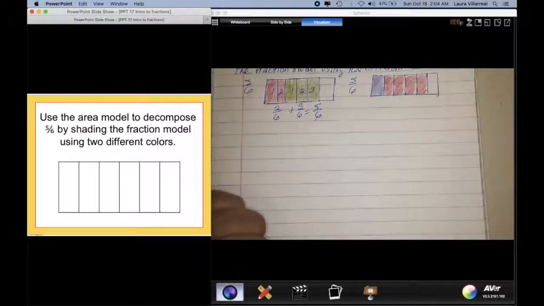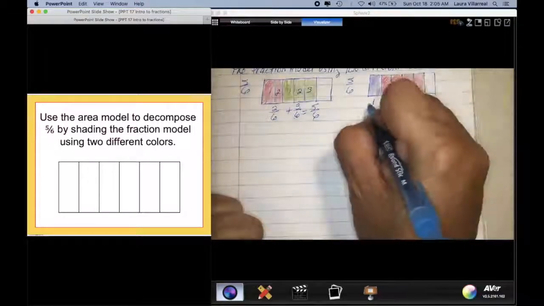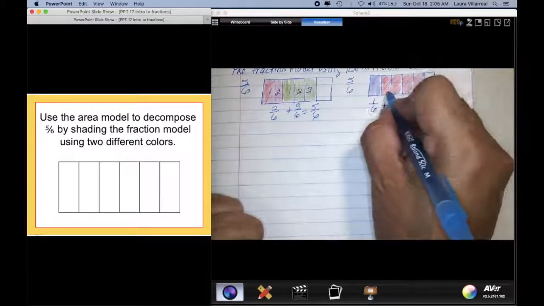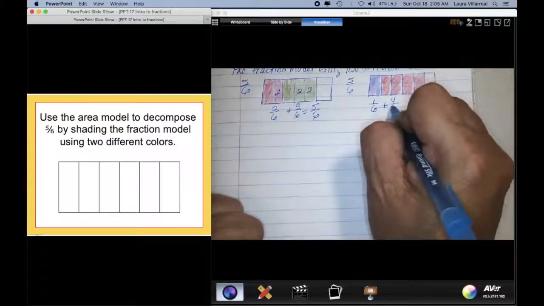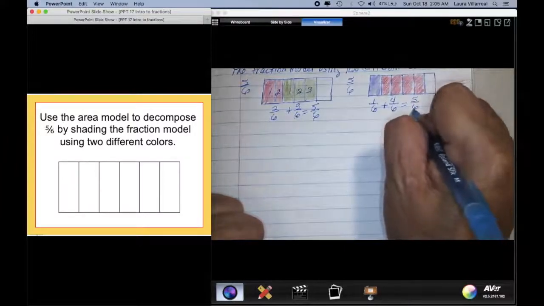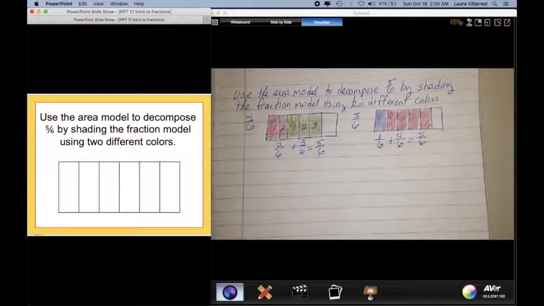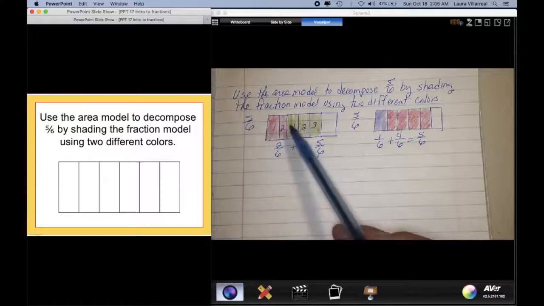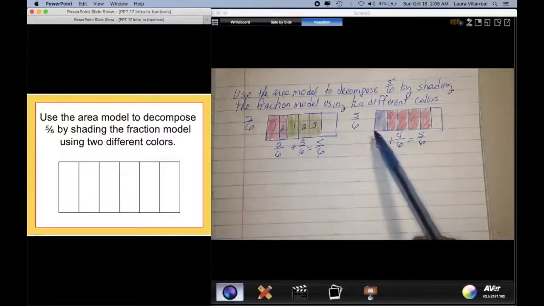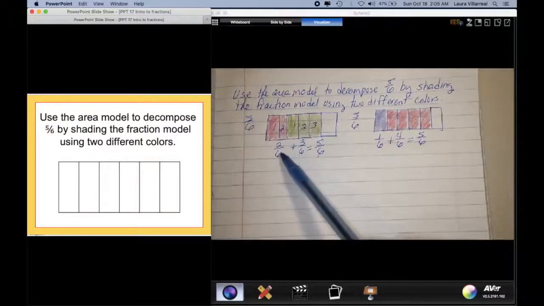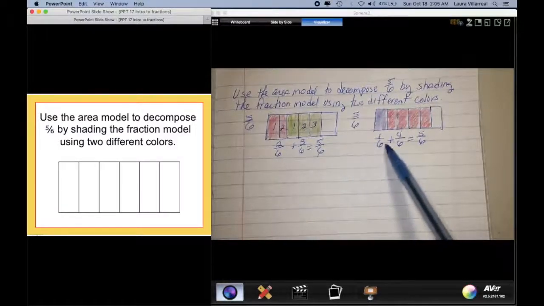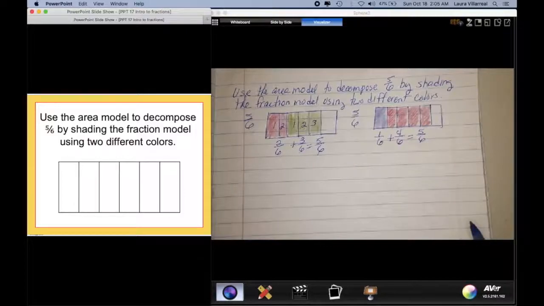So here's the second option. Here I have 1/6 plus 4/6 to give me 5/6. So we're decomposing. We started off with 5 out of 6, and we shaded them in two different colors. So you could have put 2/6 plus 3/6, or 3/6 plus 2/6, different combinations.